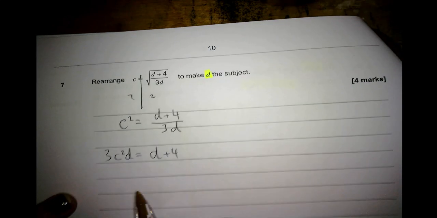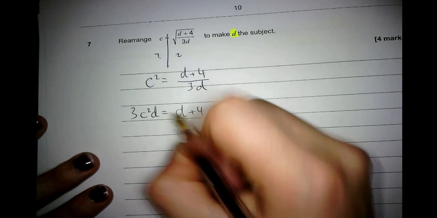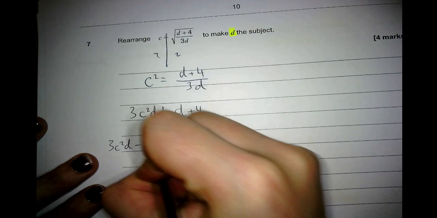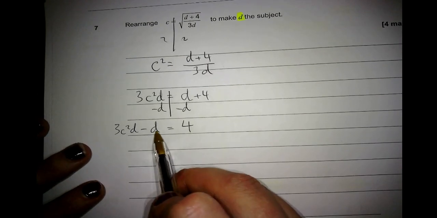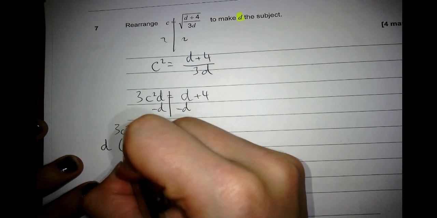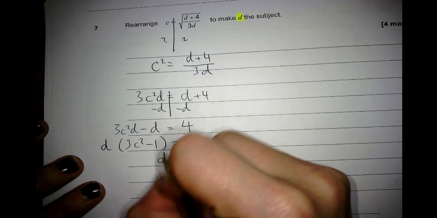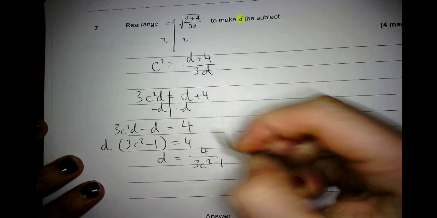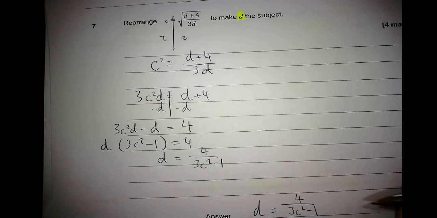I want to make d the subject, so I'm going to get stuff with d on one side, stuff without d on the other, so I'm going to get rid of that d and get all my stuff with d on the left, 3c squared d minus d, and all my stuff without d on the right. I now need to factorise to get d in one place, so d times 3c squared minus 1, and then divide through by that factor. So d is equal to 4 over 3c squared minus 1.